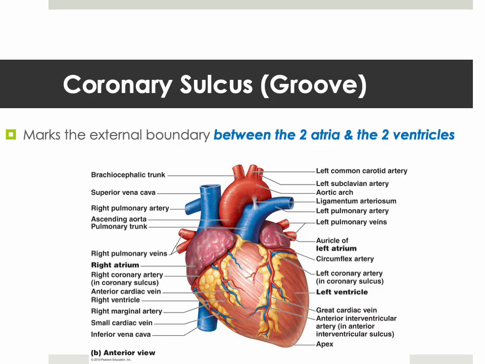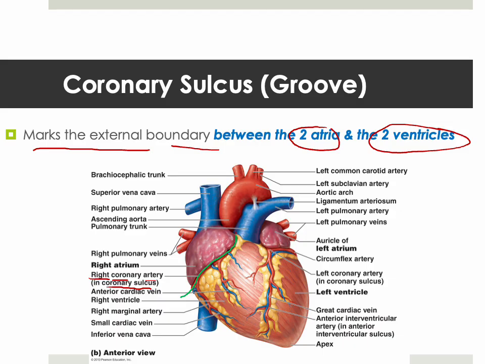All right, so let's talk about the coronary sulcus. Those are external boundaries that demarcate the atria and the two ventricles, okay? So the first one that we're going to see here is the coronary sulcus. And there it is, where the right coronary artery is. And let me use another color, this area here, okay?